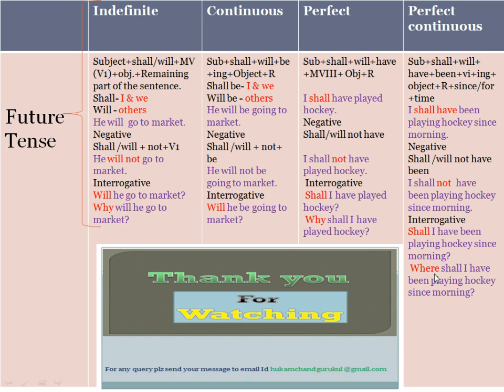Shall and will: shall is used here in the interrogative sentence before subject I. Have been, time is also given, first form of the verb is also here. So we can say the sentence is interrogative and it is future perfect continuous.